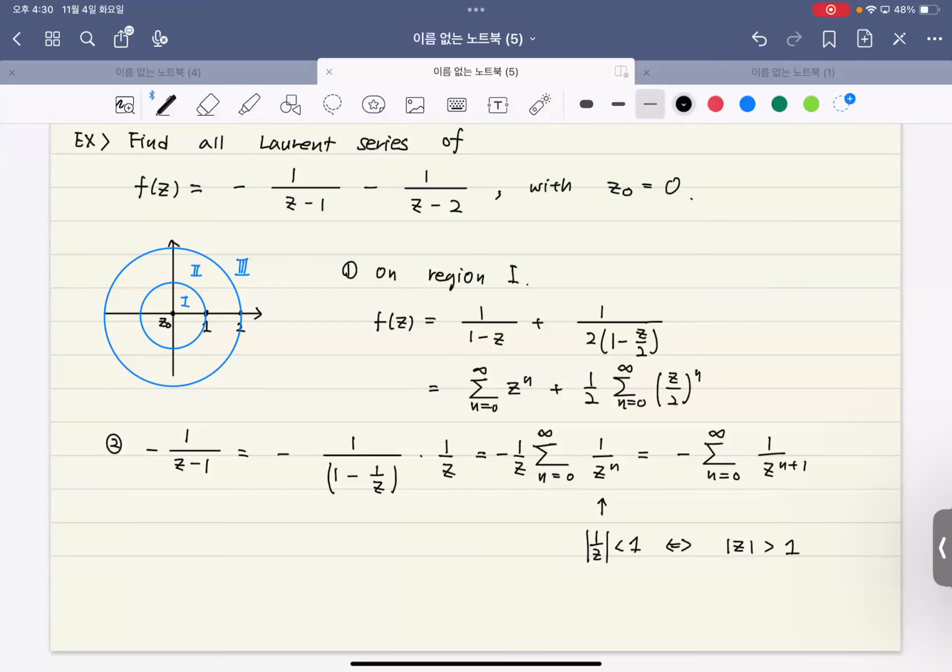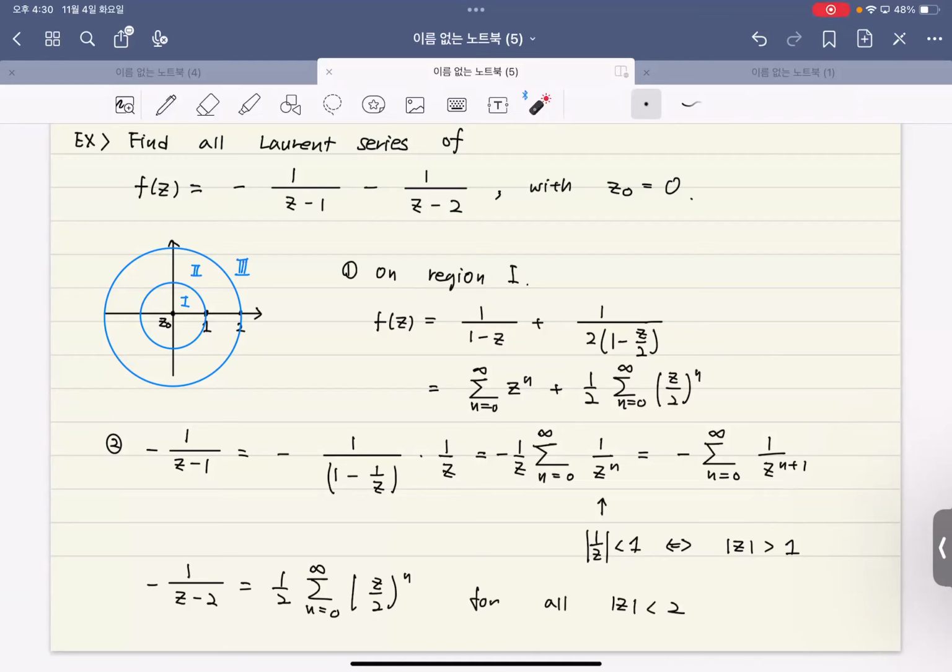And also, minus 1 over z minus 2 is still 1 over 2 times the same expansion. I can still take advantage of this expansion because in this domain the moduli are less than 2.